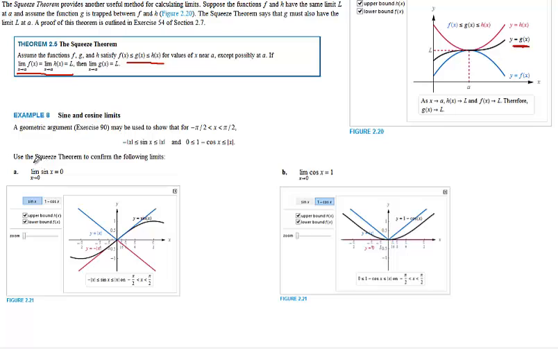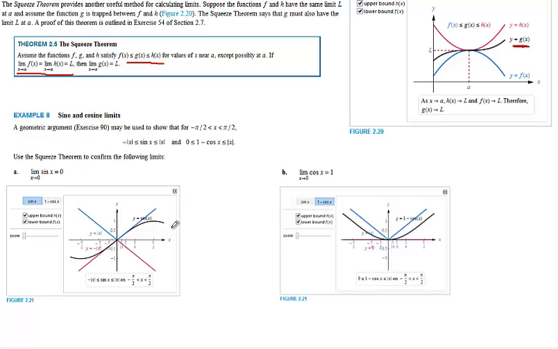Now, we're supposed to use the squeeze theorem to confirm the following limits, because if you'll notice, we didn't do any trig functions in our laws that we looked at. So we're going to use the squeeze theorem to prove to ourselves that the limit of sine x is 0.